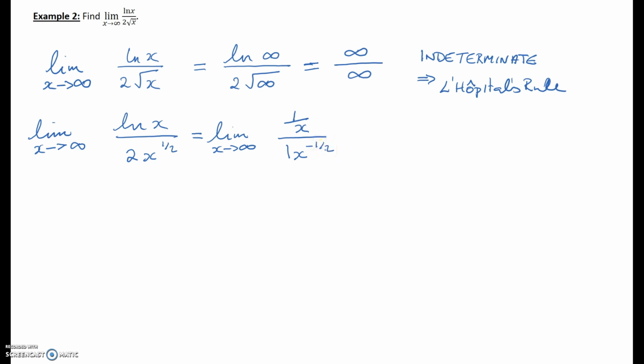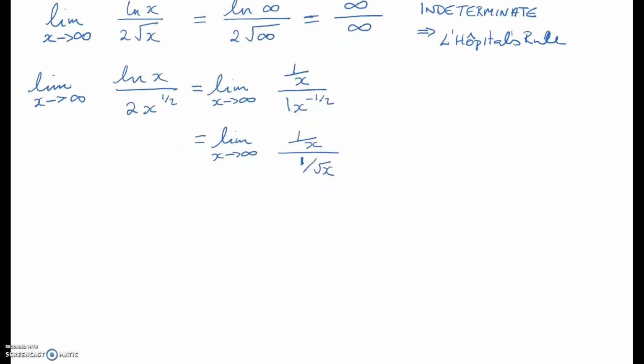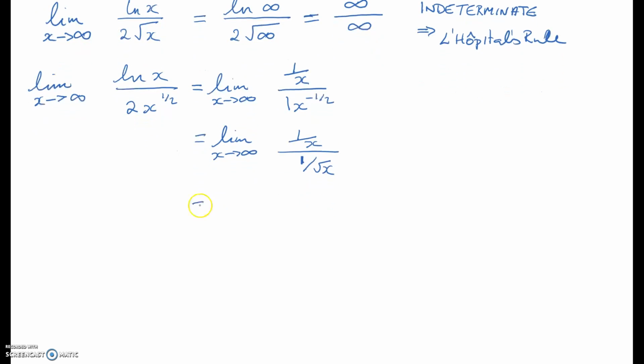Well, we should be able to rewrite this. That would give you the limit as x approaches infinity of 1 over x on top, and on the bottom we'd have 1 times x to the negative 1/2, which is 1 over the square root of x. Now I know it's getting a little bit crazy looking, but let's keep going.